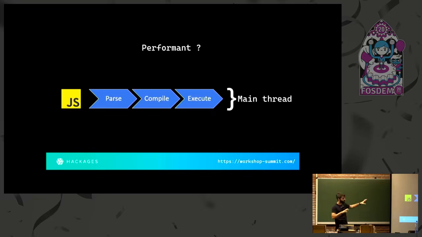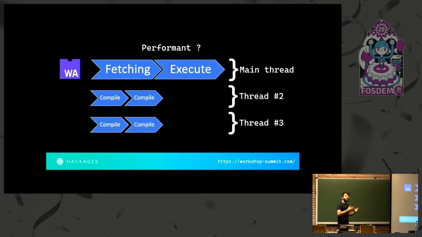Not everything sometimes happens in the main thread, but that's the regular way of doing it. But browsers handle WebAssembly in another way. While fetching the resource, the WASM modules, the browser will directly compile the bytes on the fly. And when it's done, it will execute on the main thread. And the compilation doesn't happen on the main thread, so it does not block users.